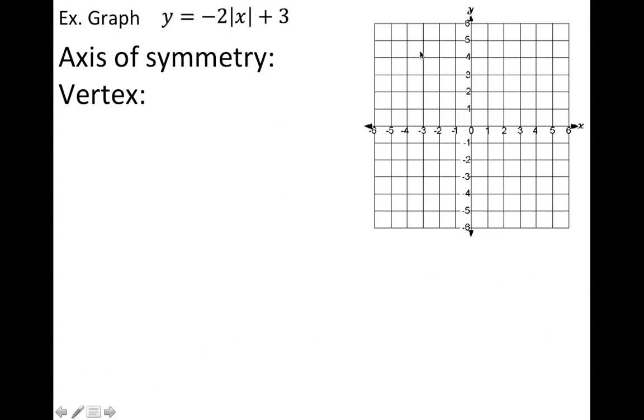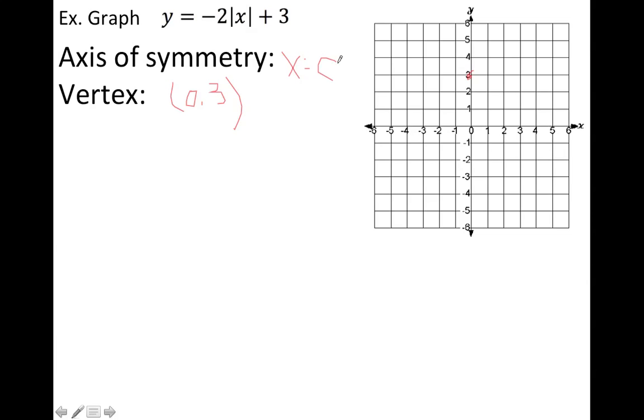Next, we have y equals -2 absolute value of x plus 3. Okay, so we have something added or subtracted, so we got to move our vertex. Since it is not grouped inside our absolute value, we're going to go up 3, which then makes our vertex 0, 3. We didn't move our x at all. And then that makes our axis of symmetry x equals 0.